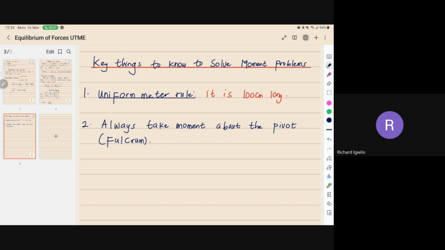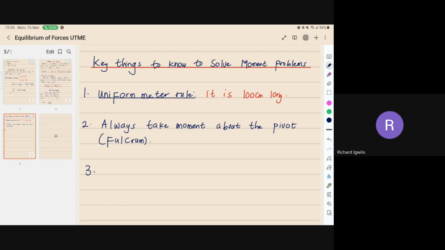All right. So that said, the next thing I want you to know is that sometimes they tell you the mass of a meter rule is acting at the center of gravity. When you hear center of gravity, just know that it is acting at the middle. Do you understand now? Though in engineering, there's something we call the centroid.